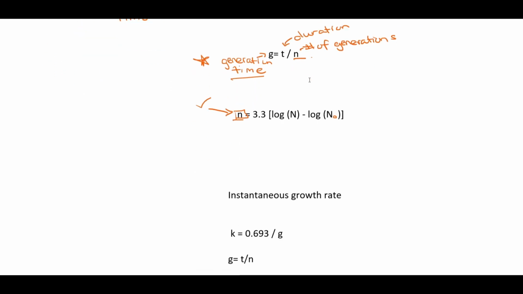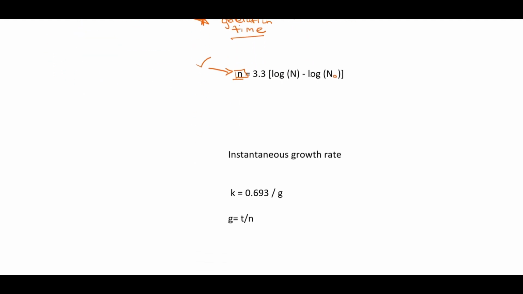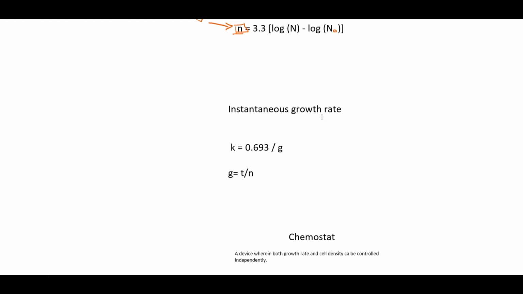Okay, next subject, still in math, instantaneous growth rate. That would equal our little k. So instantaneous growth rate is k, equaling 0.693 over g.